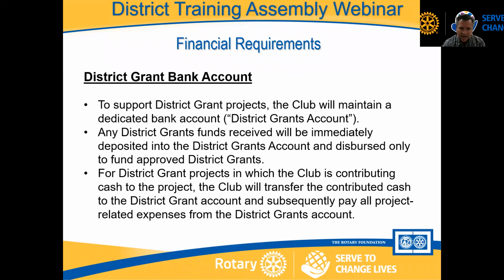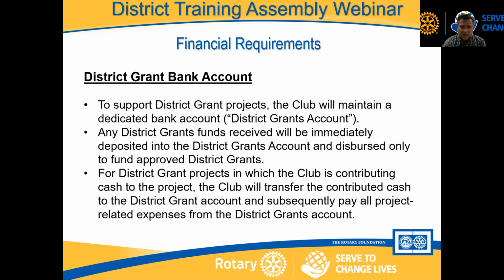Some clubs have other names for it, but it does need to be used specifically only for the grants. Once the funds are received by the district, it will be deposited either right into your grant account, which I'm happy to do, or we can mail you the check to your club address.